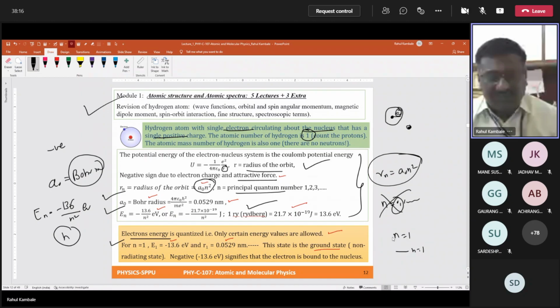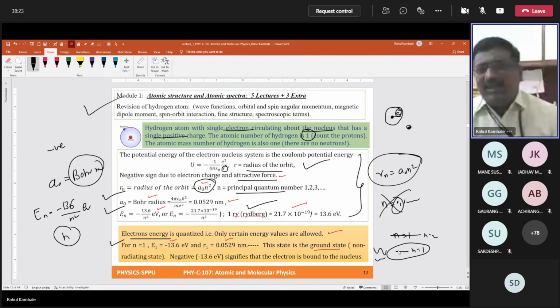Then if I go to a higher state, n equal to 2. Suppose some energy is coming, so from this to this it will go. n is never negative, it will not go here. And when it comes down, a quantum of radiation will come. So n equal to 1 is the ground state and it is a non-radiating state.